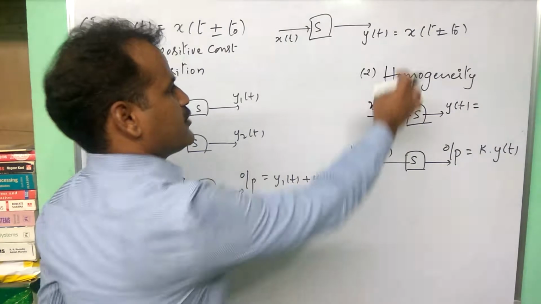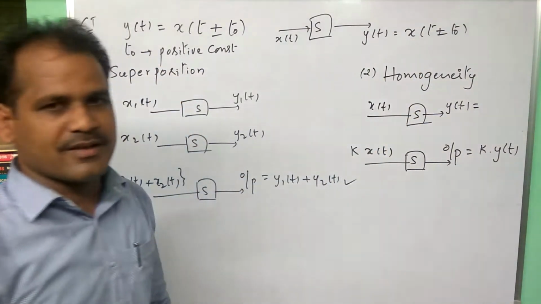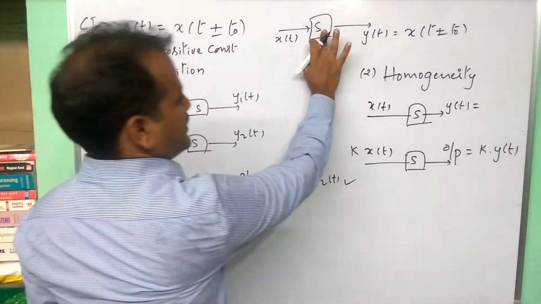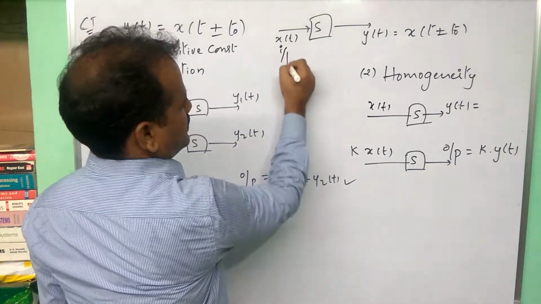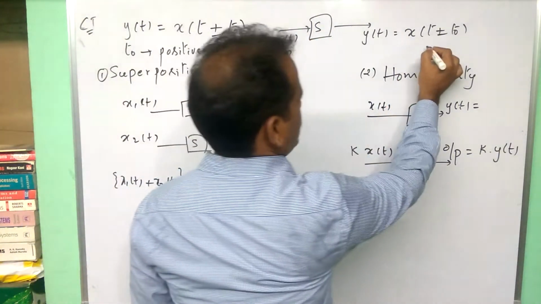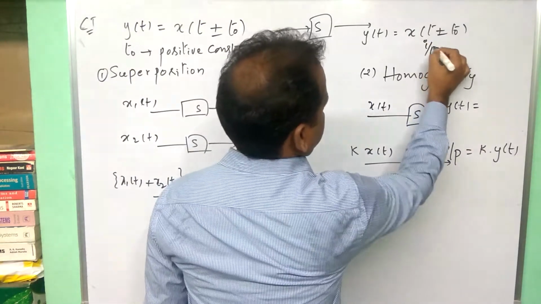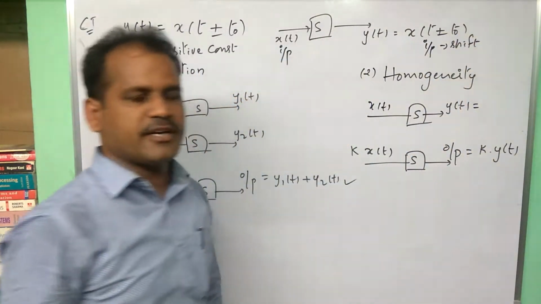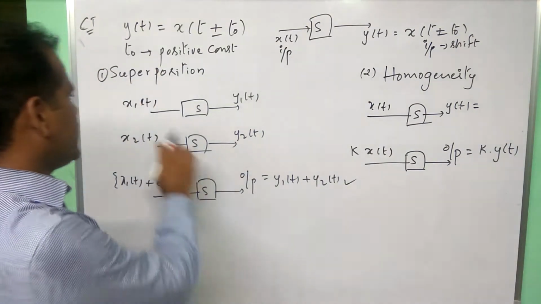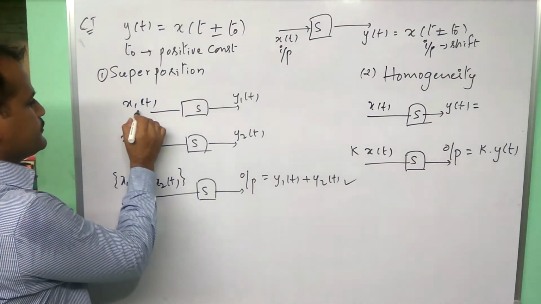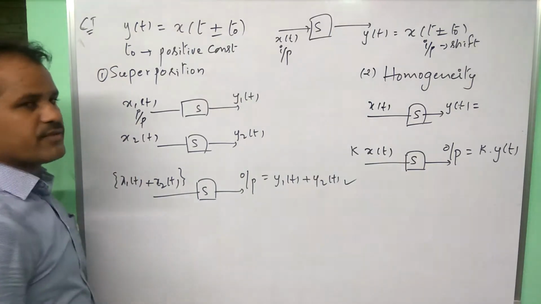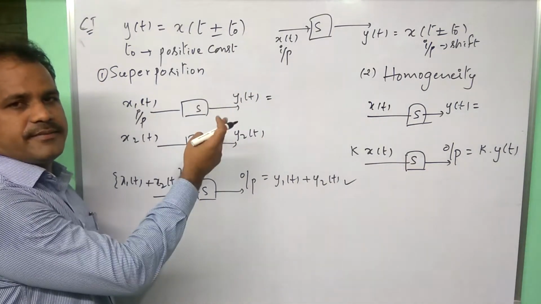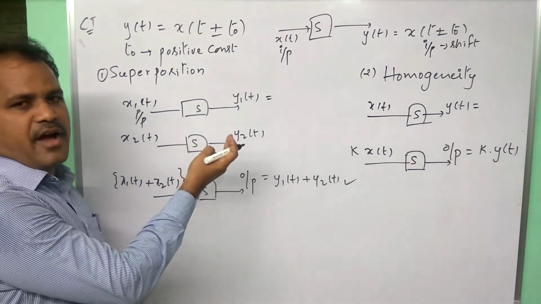Let us verify according to the given relation, x of t plus or minus t naught. The nature of this system is that whatever input is applied, in the output side the input will be shifted by t naught. Here the input is x1 of t, and in the corresponding output this input should be delayed or advanced.